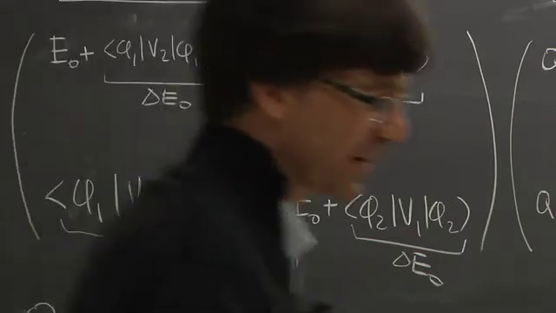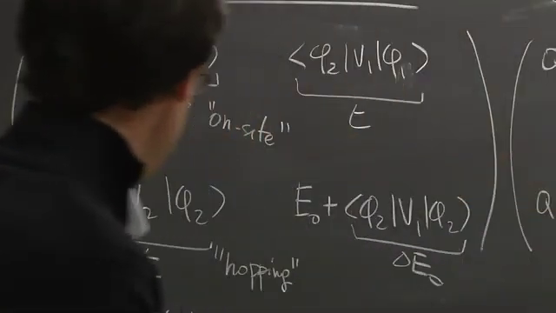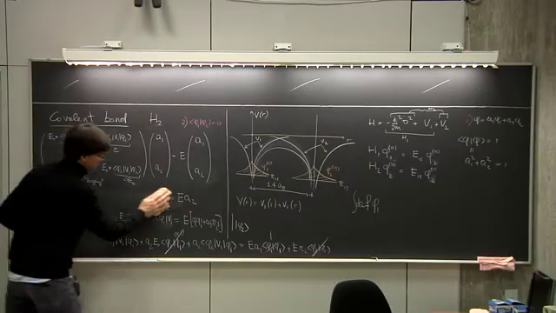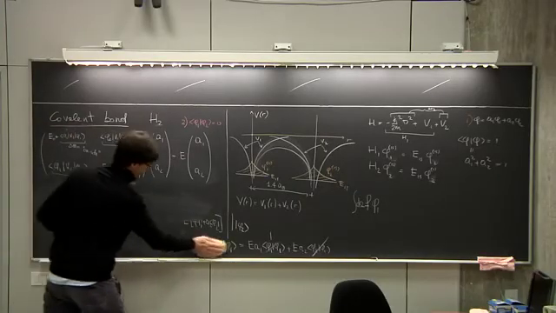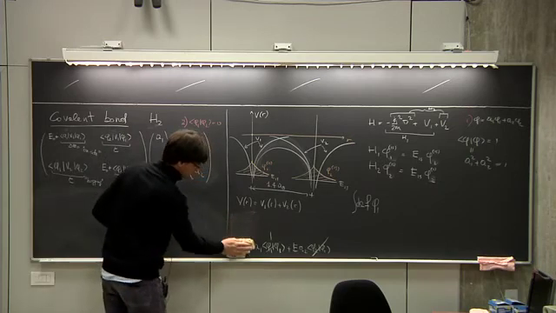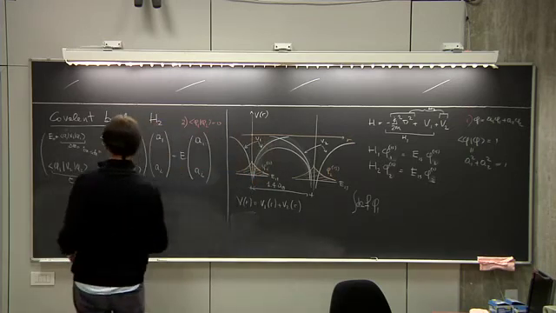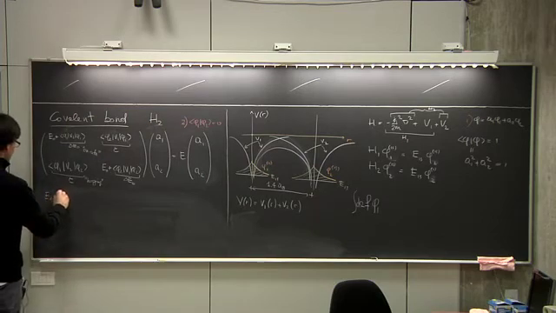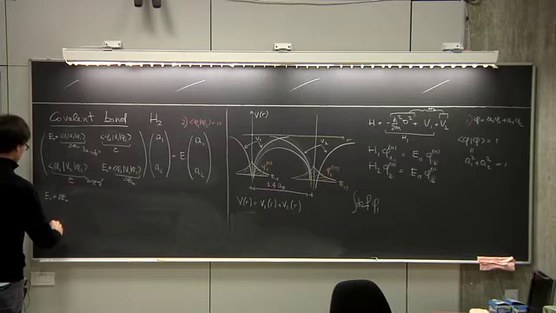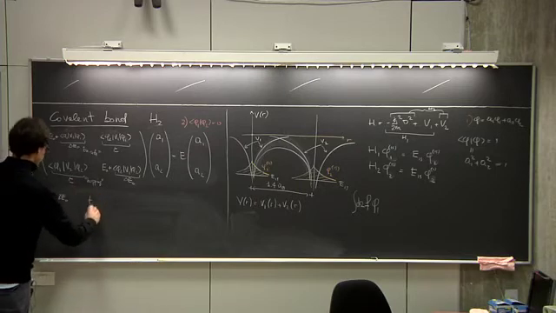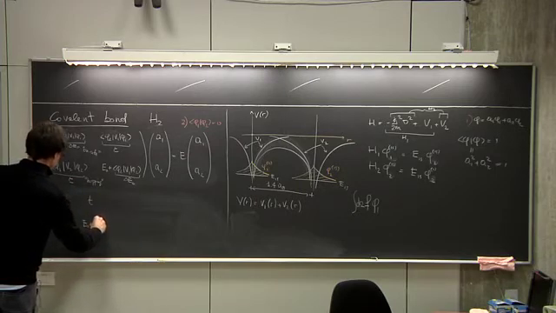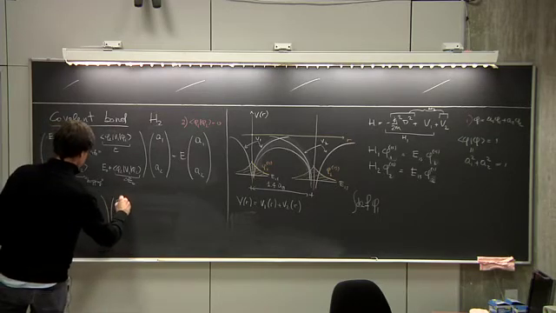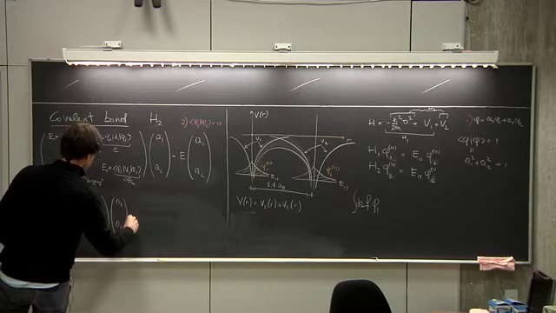So we can now rewrite it, just for simplicity, with a new notation. It's going to be E naught plus delta E naught, T, T, E naught plus delta E naught, times A1, A2.